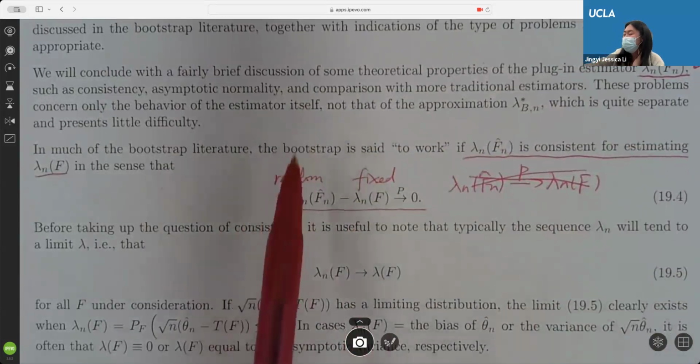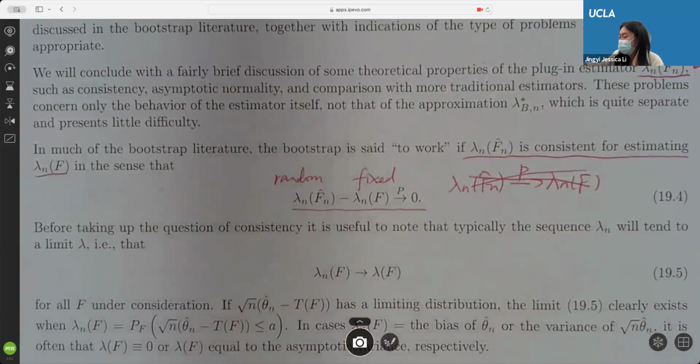But the left-hand side is an estimator. An estimator is always random because it depends on our sample. So that's why the difference is random. And for such a random quantity to converge to zero, we must specify the mode. That's what we said in the first two classes, 4 modes of convergence. And here we define it to be convergence in probability.